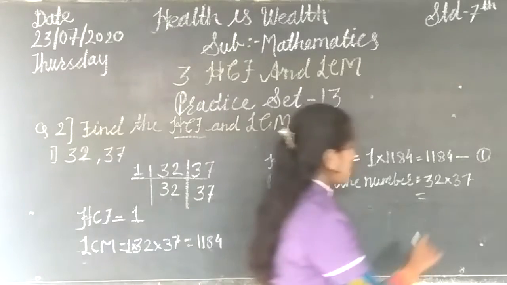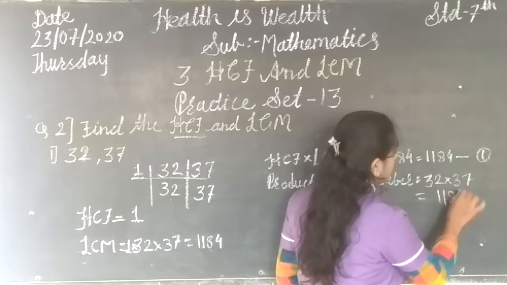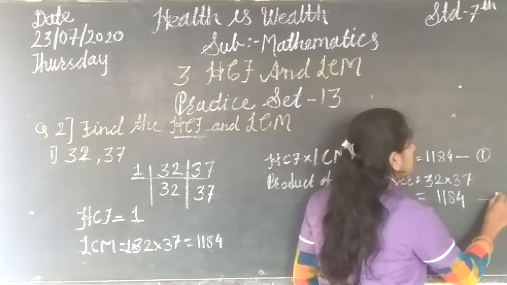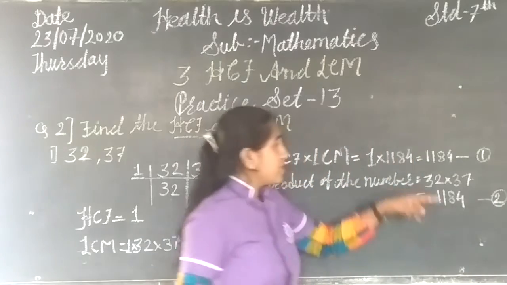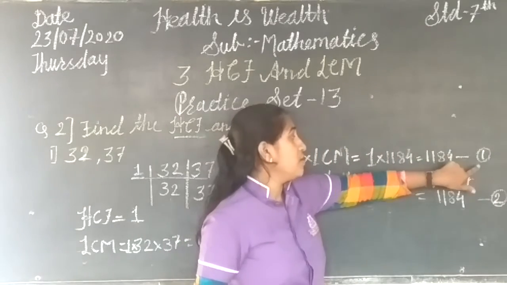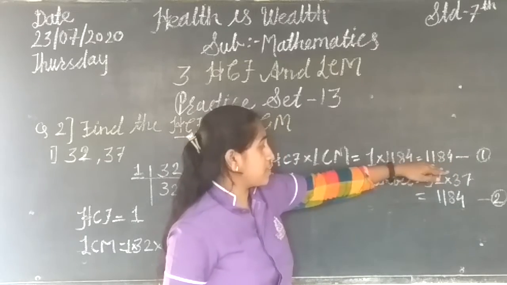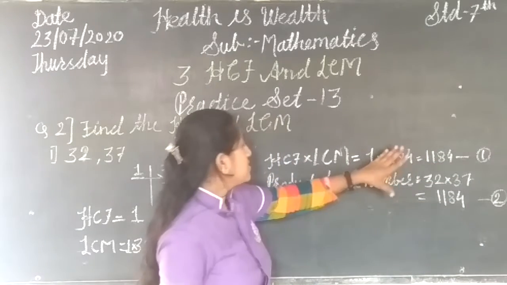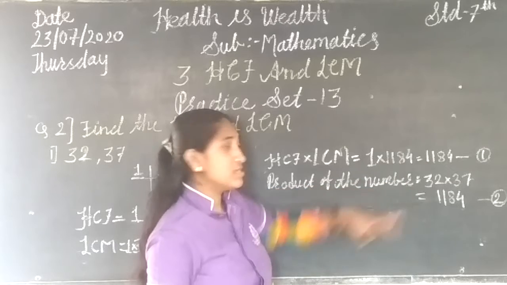That means we get the same answer again, 1184. We give that equation number 2. Equation 1 has the same number and equation 2 has the same number, right? That means the products are equal.